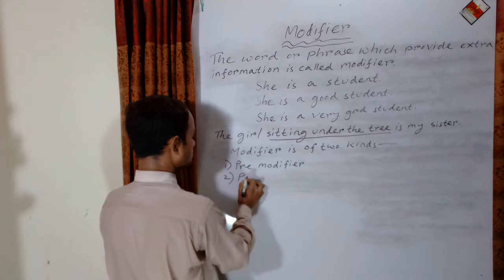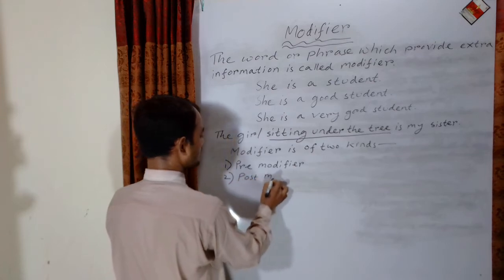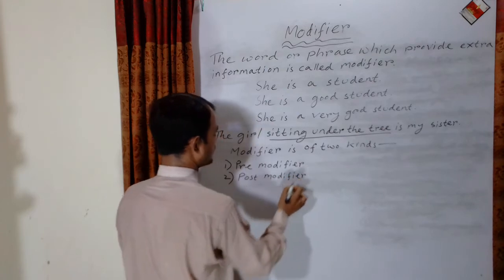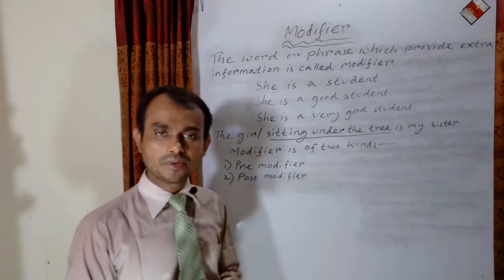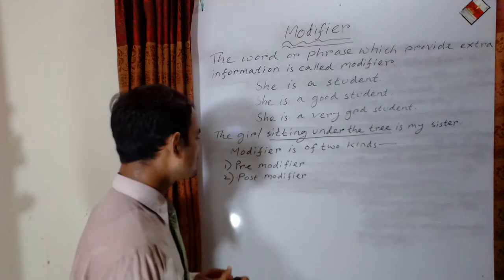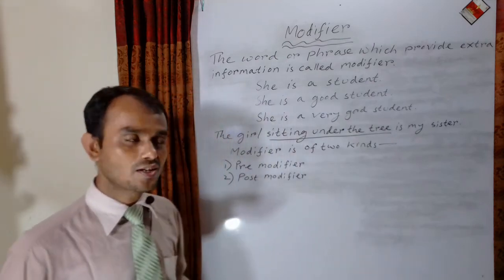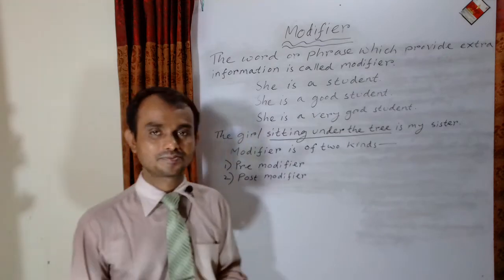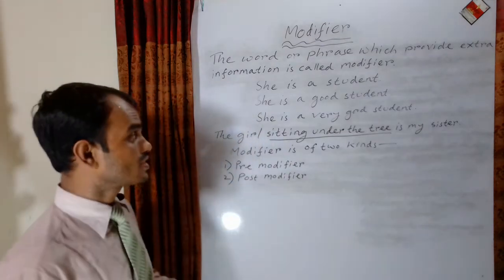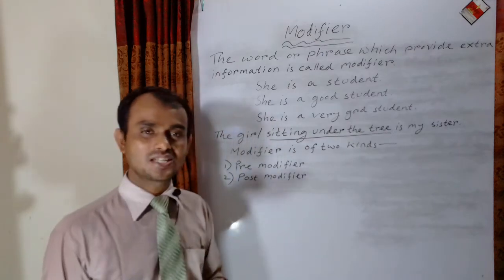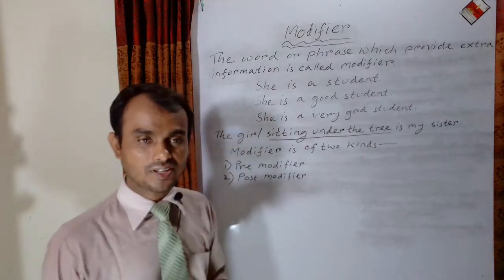Two, post-modifier. Number one, pre-modifier. Number two, post-modifier. What is pre-modifier? The modifier which sits before a noun is called pre-modifier.